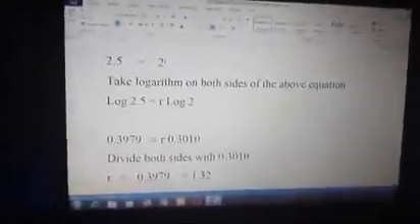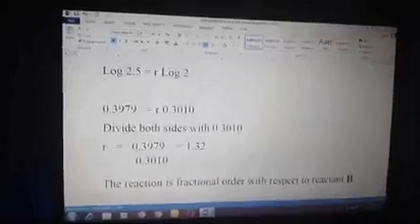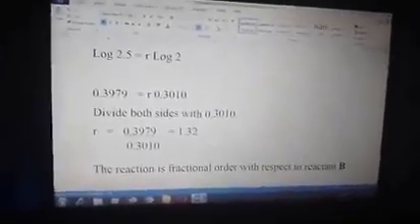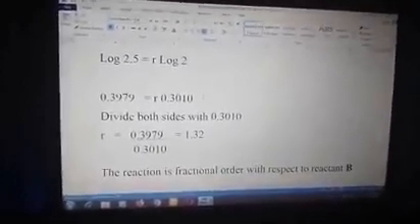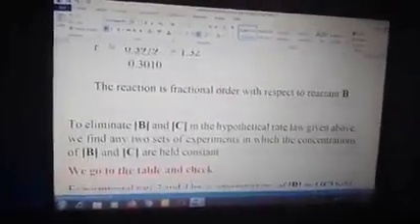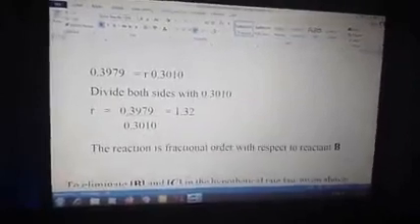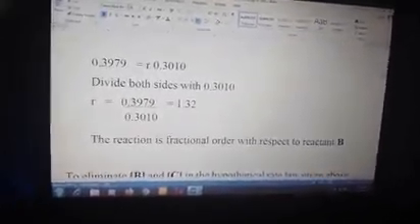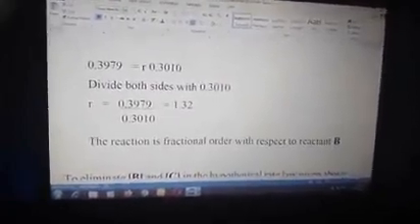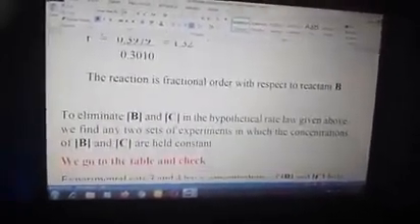So divide both sides by 0.3010 to find R. So R becomes 0.3979 all over 0.3010, and that gives us 1.32. So the reaction is a fractional order reaction with respect to B, because the order with respect to B, that is R, is not a whole number. So we'll say it's a fractional order with respect to B.